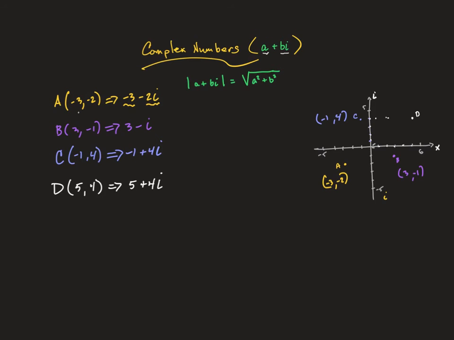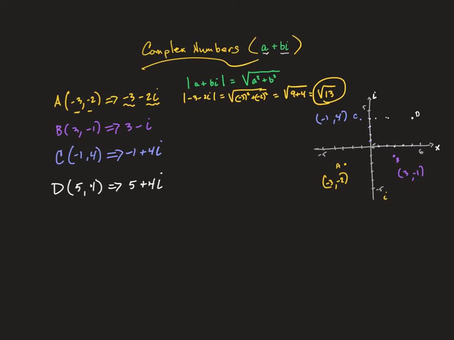So I have the absolute value of negative 3 minus 2i is equal to the square root of negative 3 squared plus negative 2 squared, which is equal to the square root of 9 plus 4, which is the square root of 13. And that's as simplified as we can get because there is no perfect square in there.